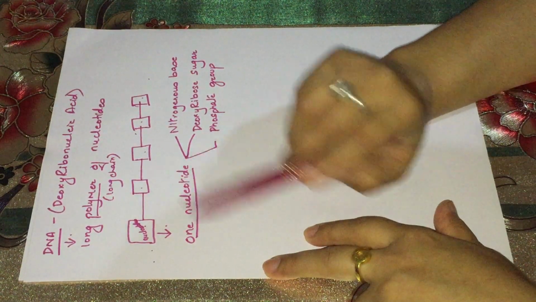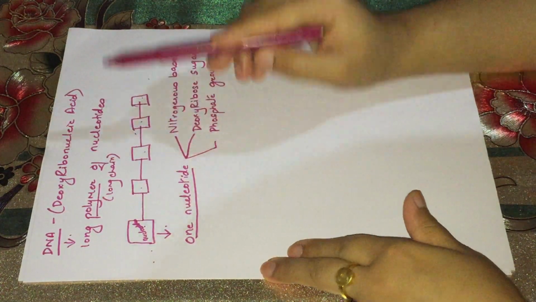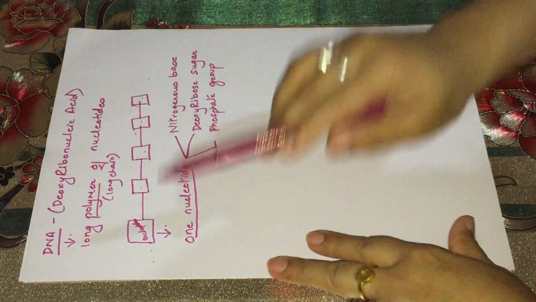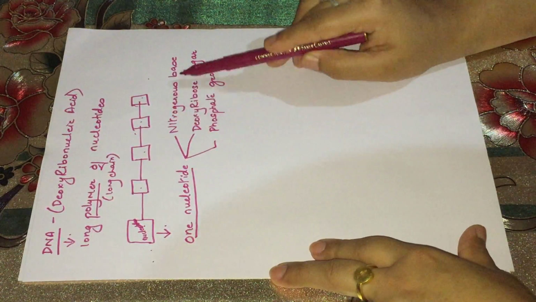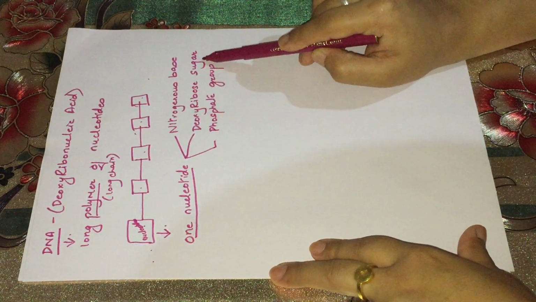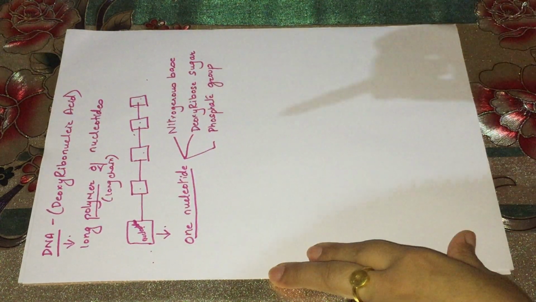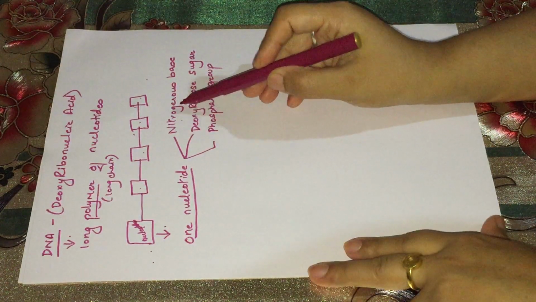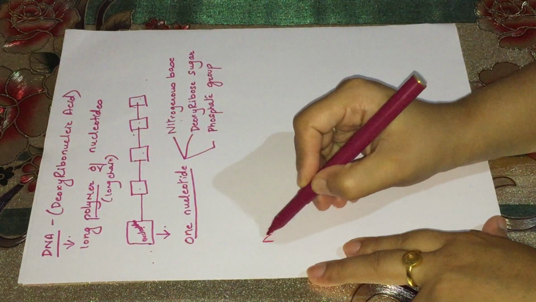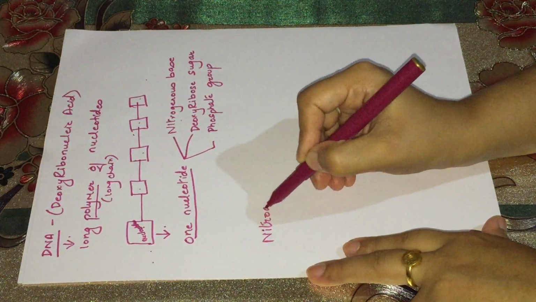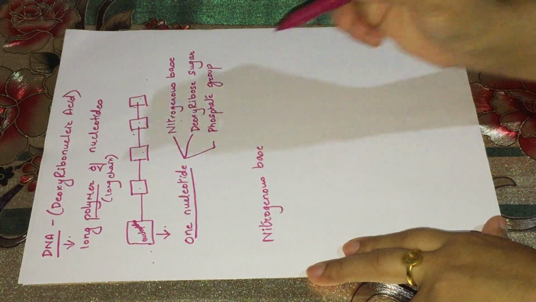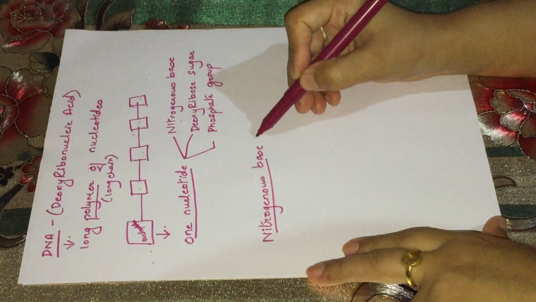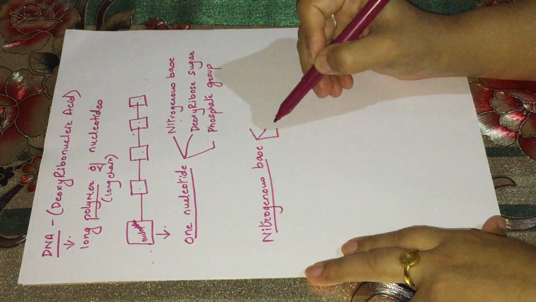And one nucleotide is further composed of a nitrogenous base, deoxyribose sugar, and phosphate group. While talking about the nitrogenous base, there are also four different types.